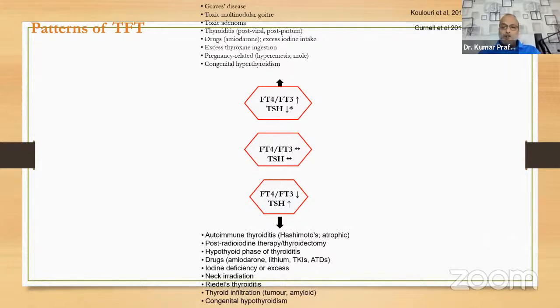Now hypothyroidism, increase in TSH with decreased thyroid hormone level, occurs in autoimmune thyroiditis, post radioiodine therapy or thyroidectomy, hypothyroid phase of thyroiditis, certain drugs, iodine deficiency or excess, neck irradiation, Riedel's thyroiditis, thyroid infiltration, and congenital hypothyroidism.